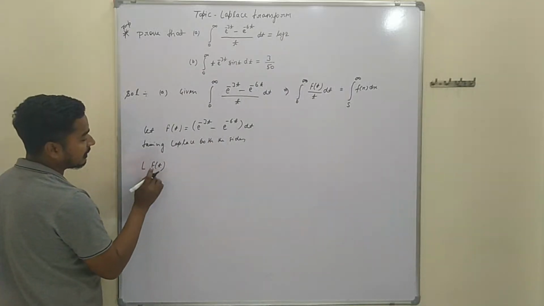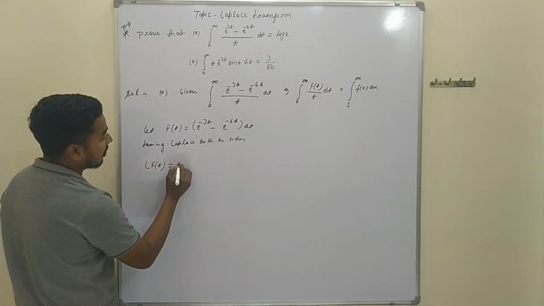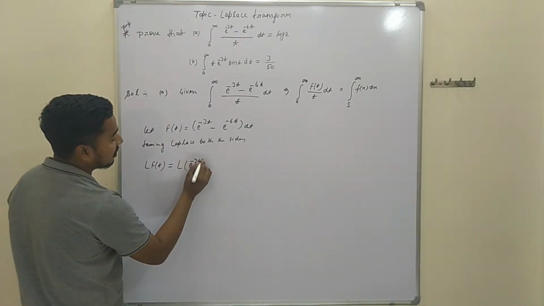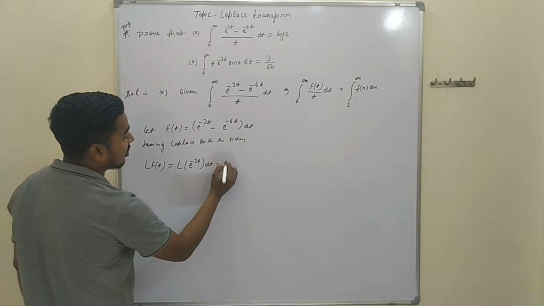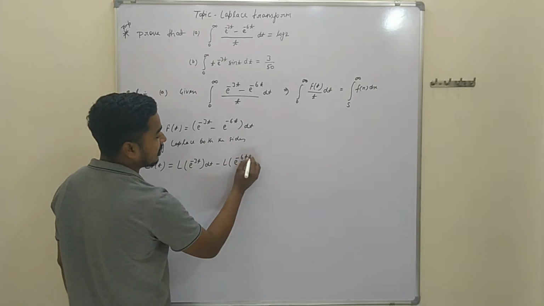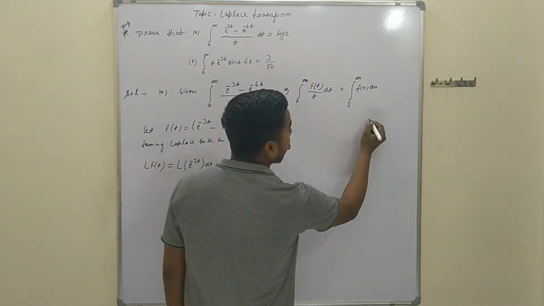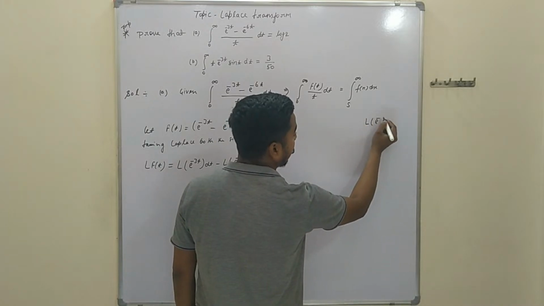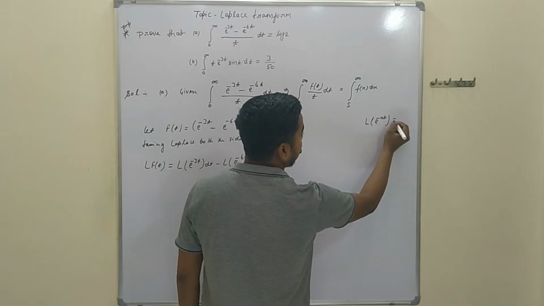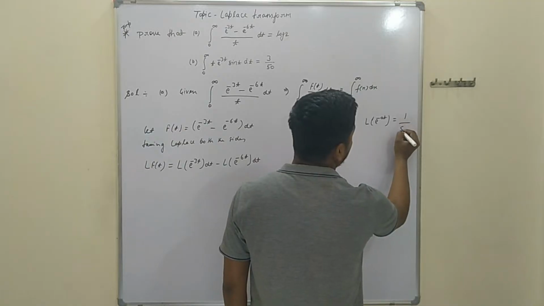Laplace of f(t) is equal to Laplace of e to the power minus 3t minus Laplace of e to the power minus 6t. And we know that the Laplace of e to the power minus at is given by 1 upon (s plus a).